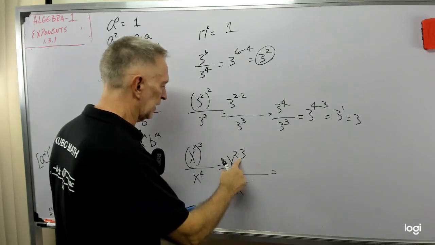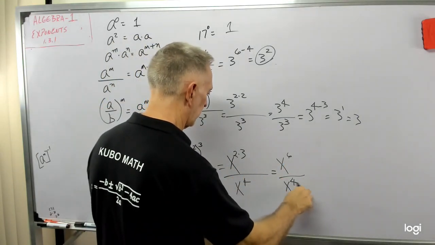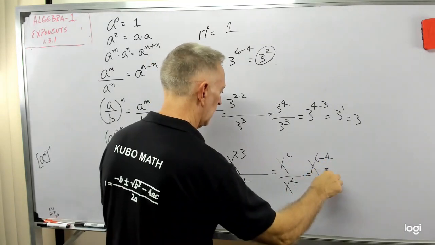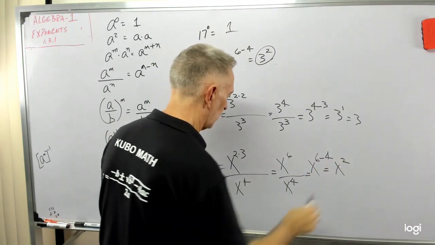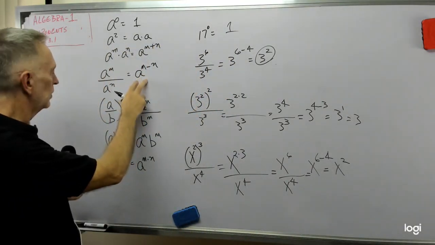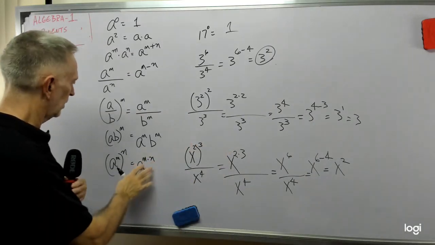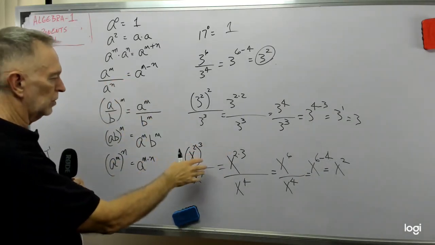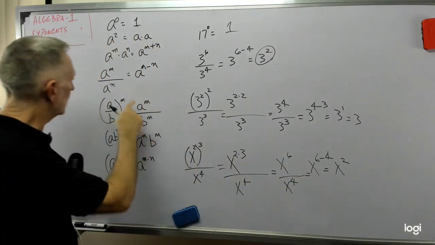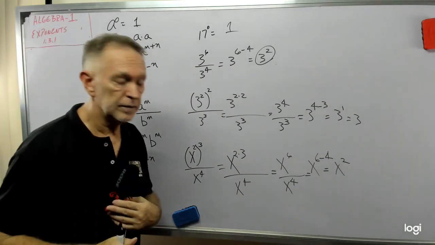So I have x to the 6th divided by x to the 4th, and that's x to the 6 minus 4, equals x to the 2nd power. So I used two different rules. This one here for the numerator, and then when I expanded it into this fraction here, then I used a to the m divided by a to the n.